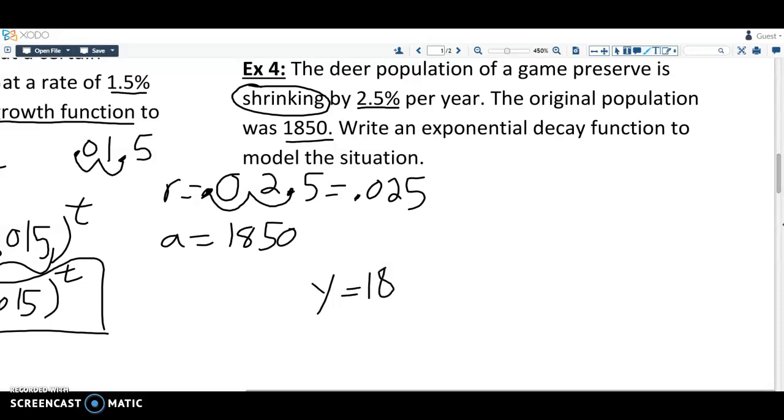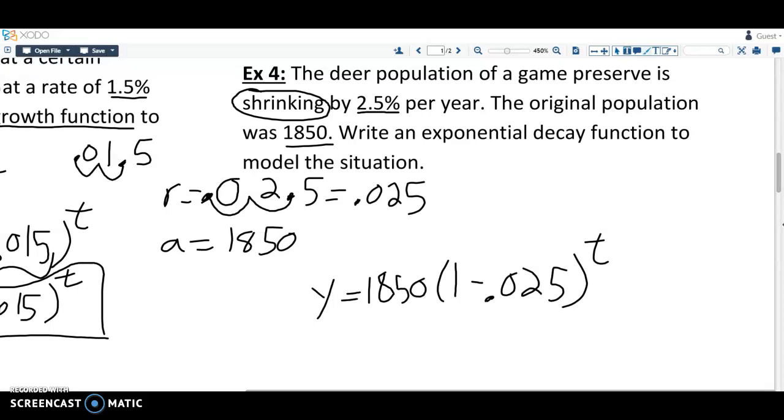So we get y equals 1,850 times, and this time it's exponential decay, so we want 1 minus our R value, which was 0.025 to the power of t. What does that simplify down to?